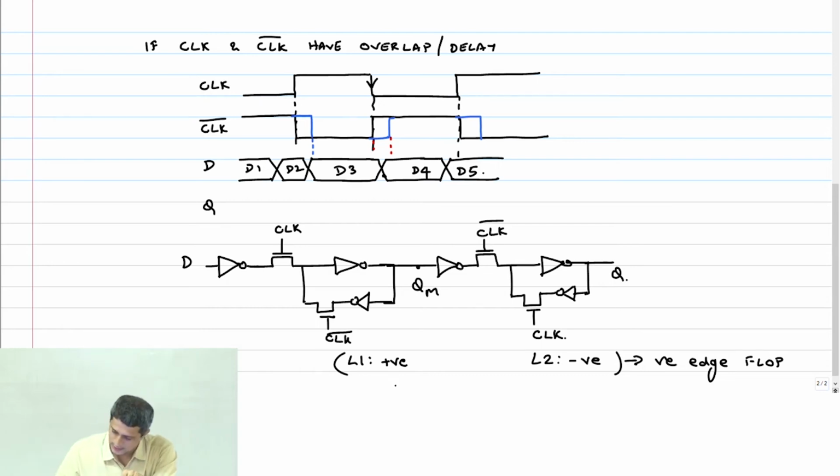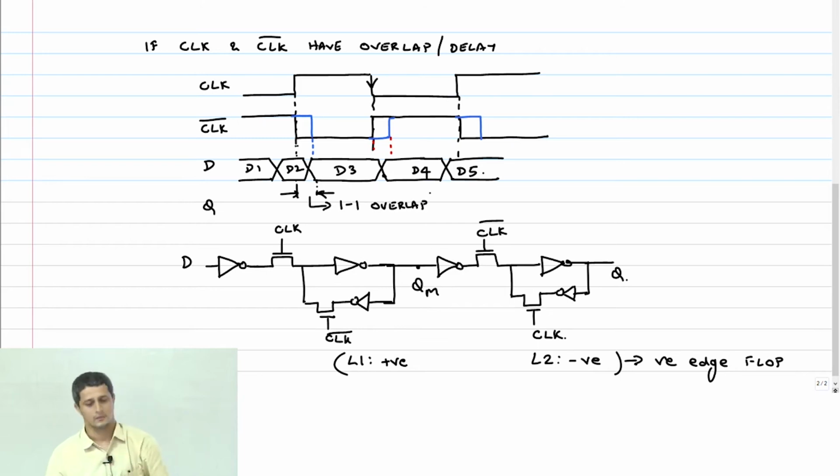Okay. So let us look at the case when my data changes out here, which is what? What is this overlap? One-one overlap. So if both clock and clock bar are 1, it means that both these pass transistors will be on, right?